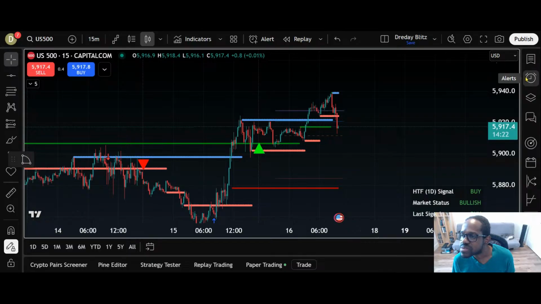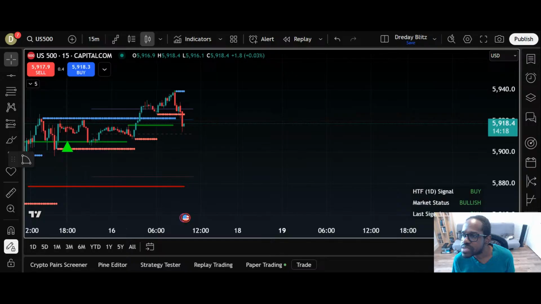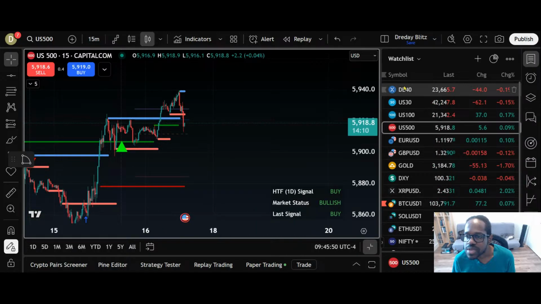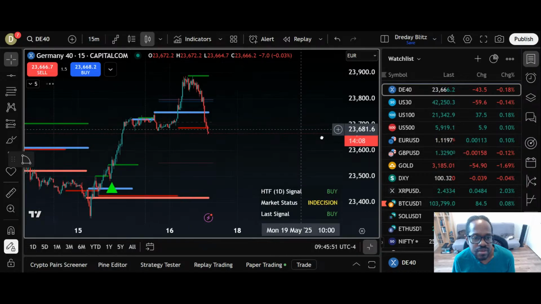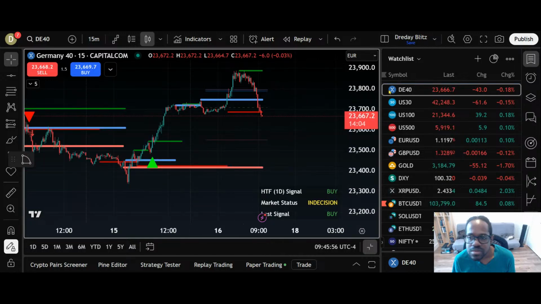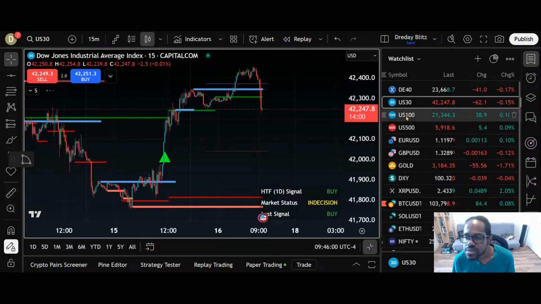Perfect. Right. So for the indices right now, I'm still looking to be bearish overall off of them. If we look at the German 40, still going down. That's 30, still going down.